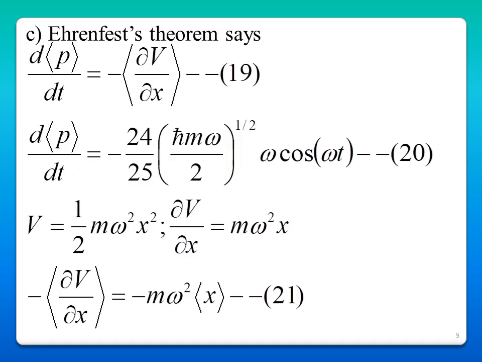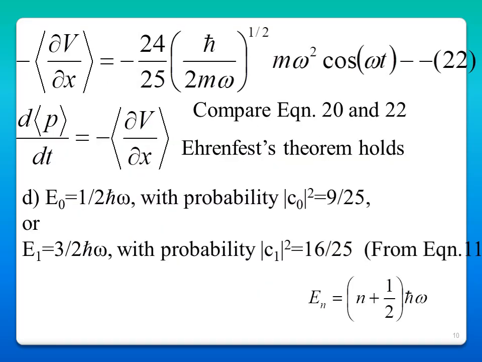So dou v by dou x is m omega squared x. So here if you find dou v by dou x the expectation value, it is minus m omega squared expectation value of x. So if you substitute, then we can get differentiation of the expectation value of p with respect to t is equal to minus of dou v by dou x. So here the Ehrenfest theorem holds.